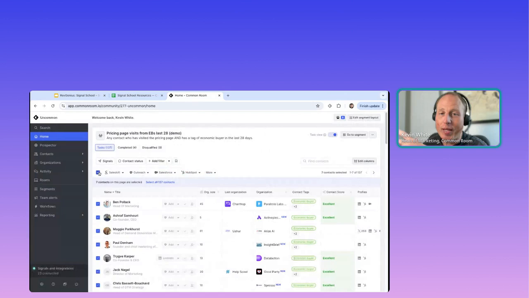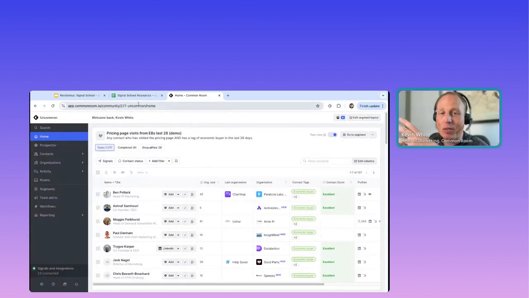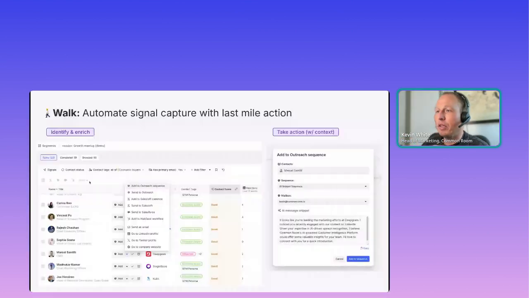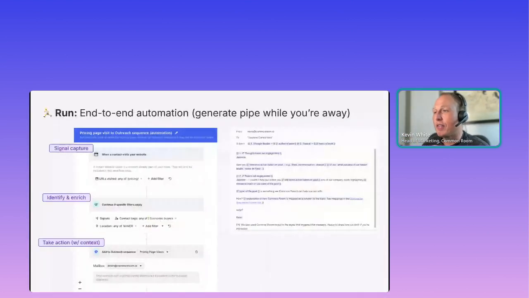If I'm just doing that without any thought or extra human review, then that gets us to what you can build out with the run phase. The run phase is essentially just doing what I just did, but in an automated fashion. So this goes from signal capture all the way down to sending out the email, all on autopilot. The example I'm using here is a website visit.